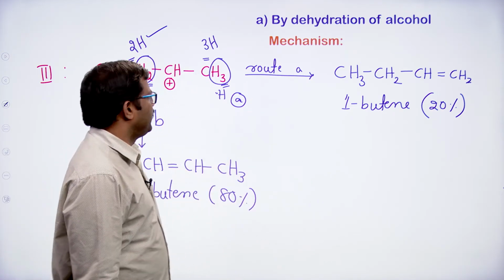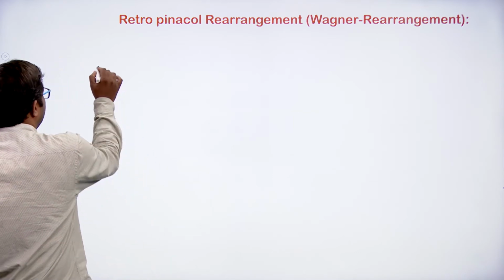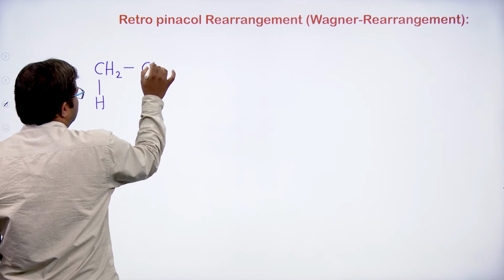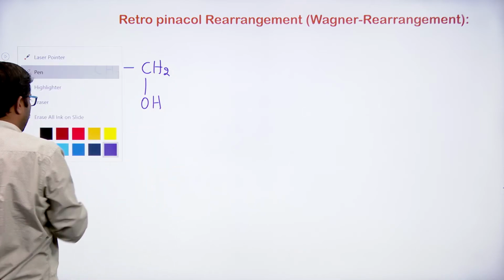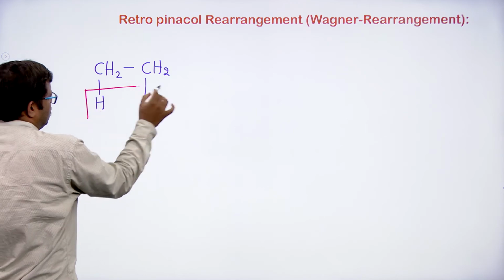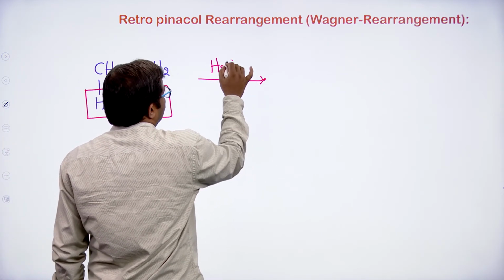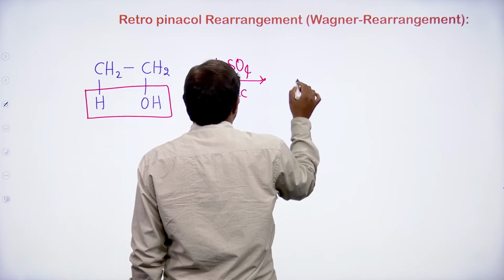Okay, right. Suppose we are using ethyl alcohol, CH3 CH2 OH. Here this hydrogen and OH are going to be lost in the process when we are using 60% sulfuric acid at 100 degree centigrade or 170 degree centigrade.